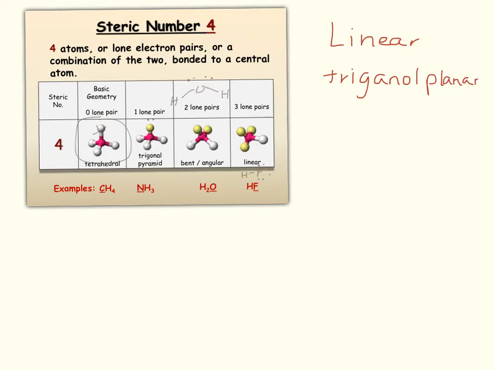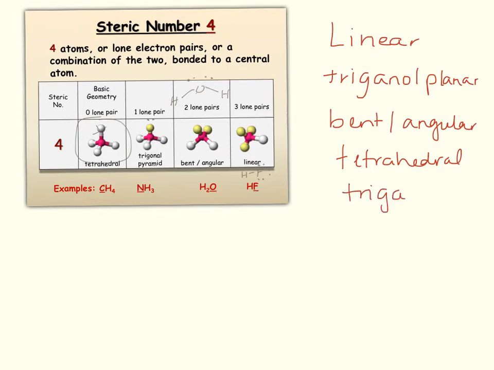You need to be able to identify things that are bent or angular, tetrahedral, or trigonal pyramid. Those are the only 5 shapes you are responsible for being able to name and identify.